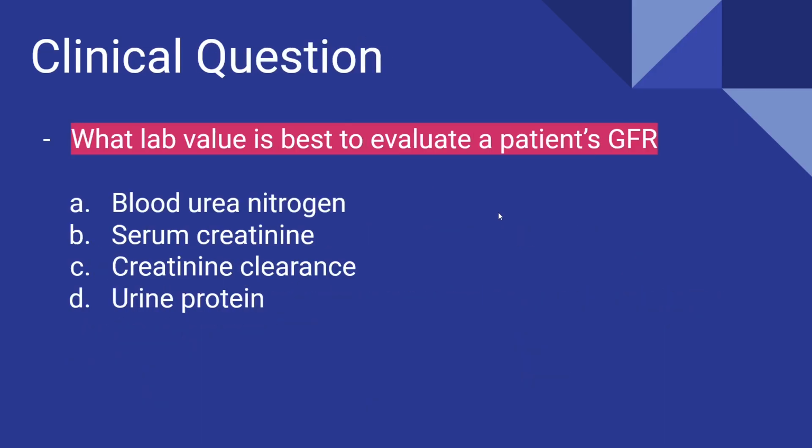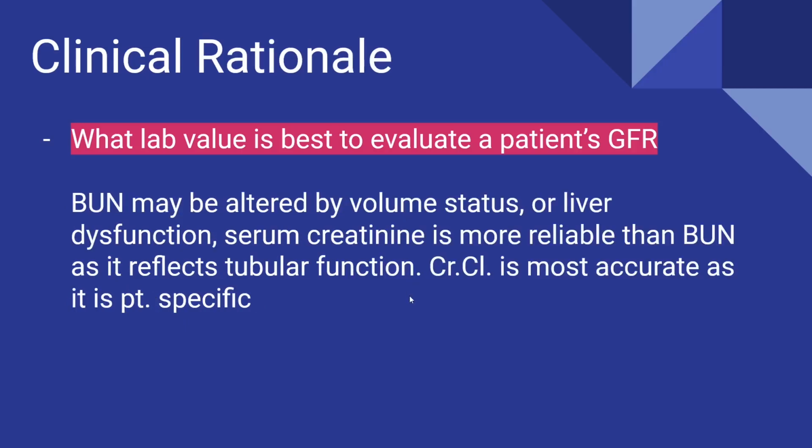So what lab value do we use to best evaluate a patient's filtration rate? Do we use blood urea nitrogen, or BUN, creatinine clearance, or urine protein? So when we're trying to measure the filtration rate of the kidney, how fast blood's flowing through that glomerulus, what we really want to look at is the creatinine clearance, right?